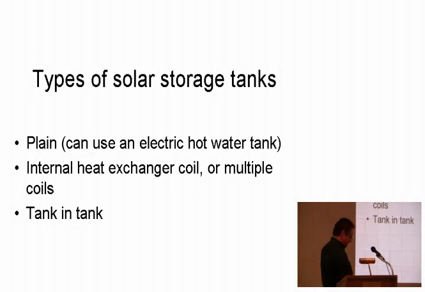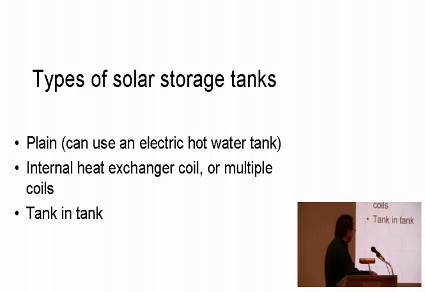Types of solar storage tanks. Depending on your system, as I showed you, some systems actually use electric hot water tanks as a solar storage tank. If you don't have an internal coil heat exchanger and you're just looking for a reservoir, electric hot water tanks are the cheapest thing going.